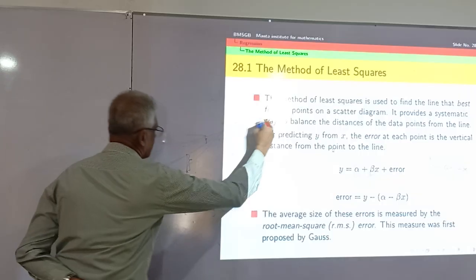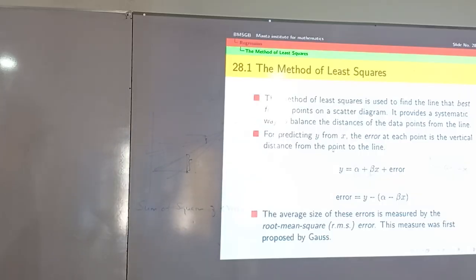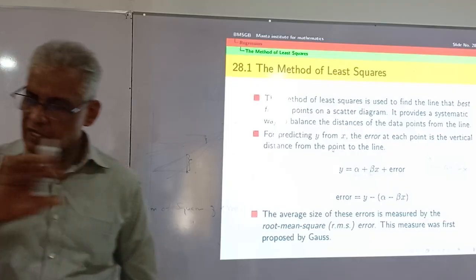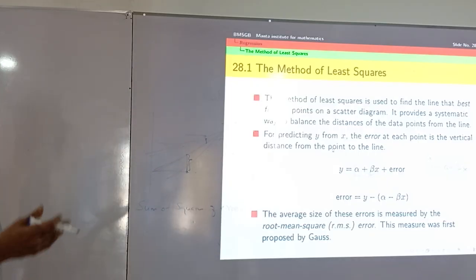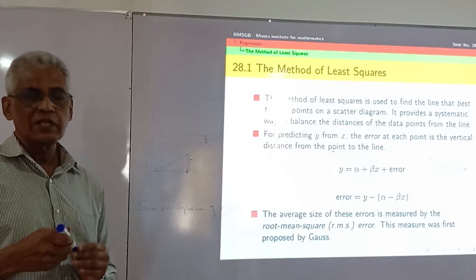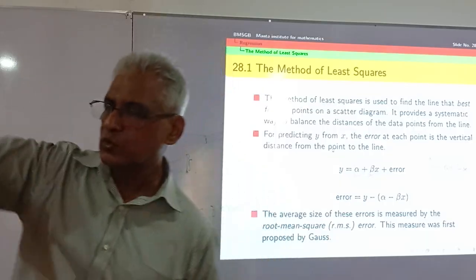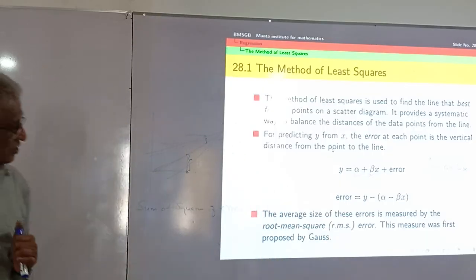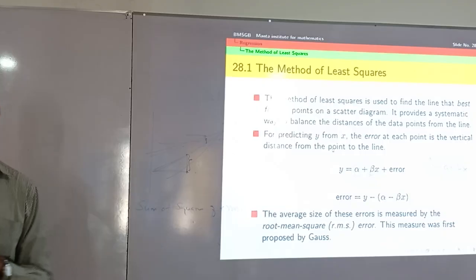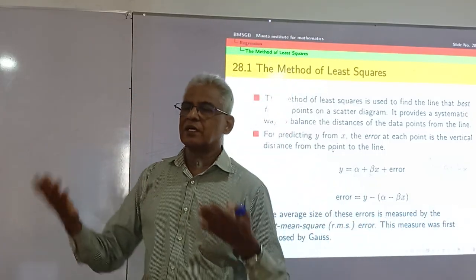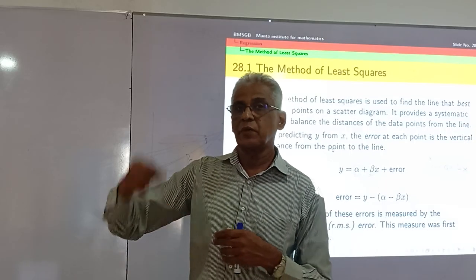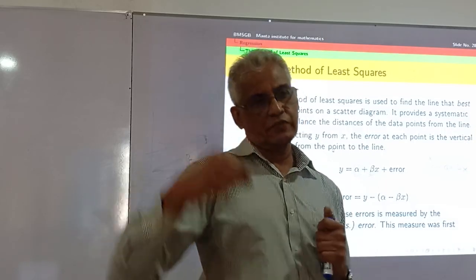If you consider some other line, for that line also, for the same observations, there will be a sum of squares of errors. Right? So like that, you can think of considering all the possible lines that go through these points. And for each line, there will be a sum of squares of errors. And then it's like selecting the line that gives you the minimum sum of squares of errors.